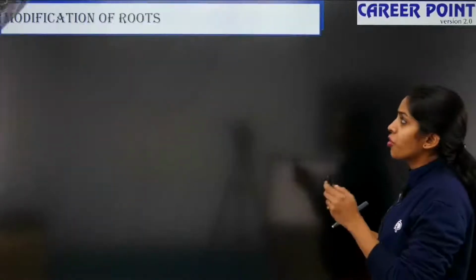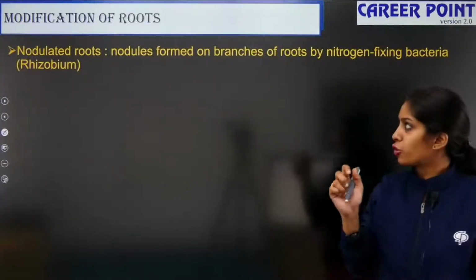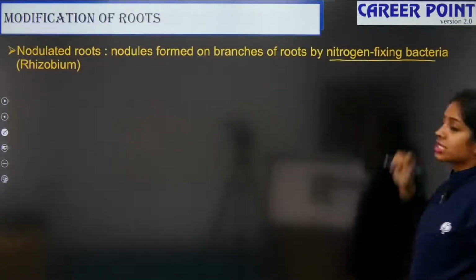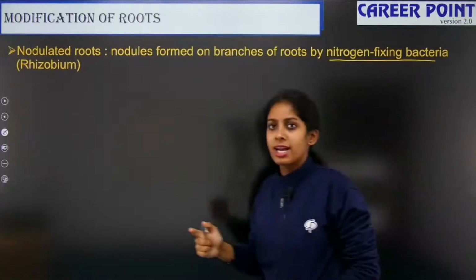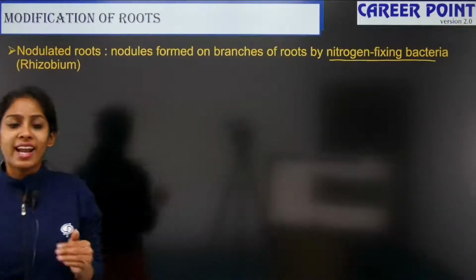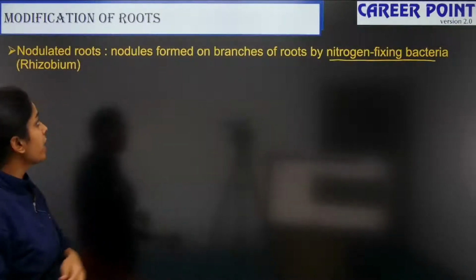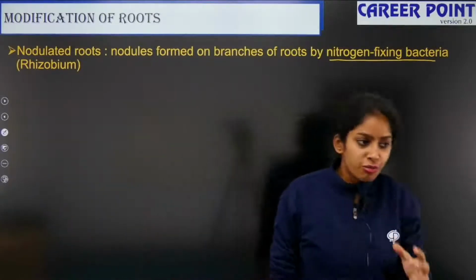So moving forward to the next modification, so that is your nodulated roots. So nodules formed on the branches of the roots by nitrogen fixing bacteria. So we will talk about the nitrogen fixing mechanism in the next chapter. So there I will explain you how the bacteria helps in fixing nitrogen. Okay, so the nodules formed on the branches of roots by nitrogen fixing bacteria.